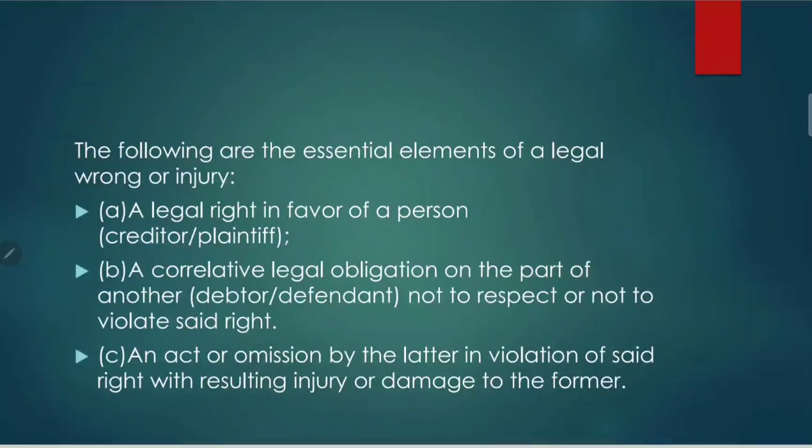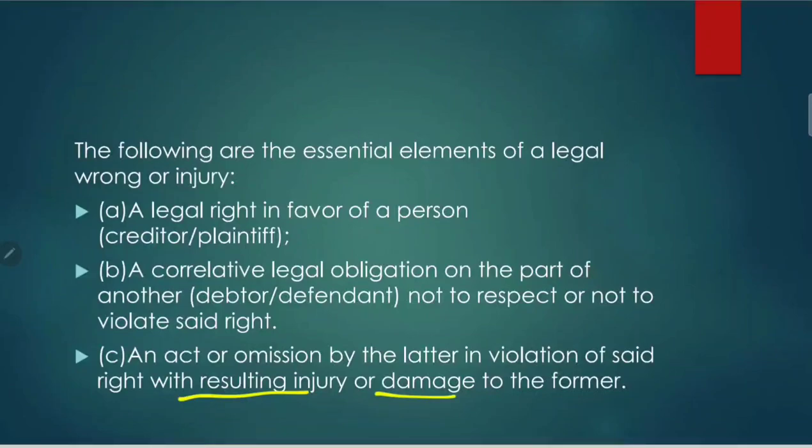So, sa third element, pasok tayo sa third element, an act or omission by the latter in violation of said right with resulting injury or damage to the former. So, pag itong si B, nag-commit siya ng act or omission, pag sinabi nating act or omission, act is positive, while omission is negative.